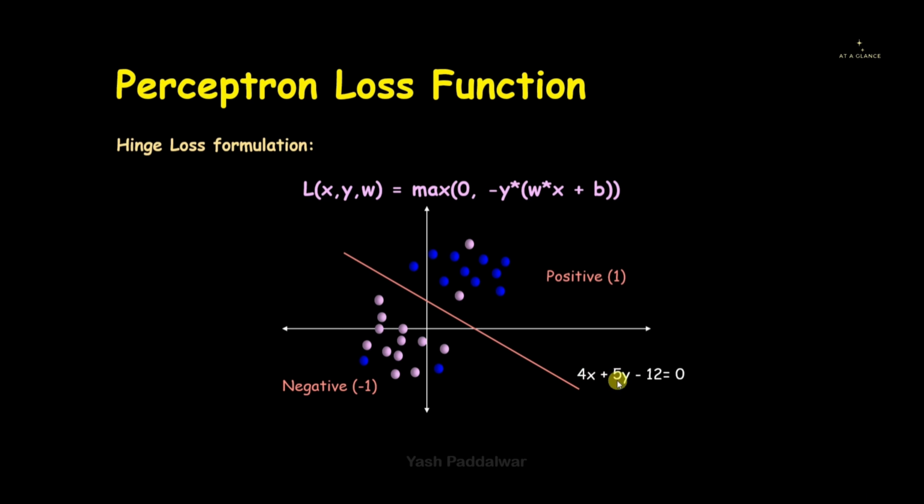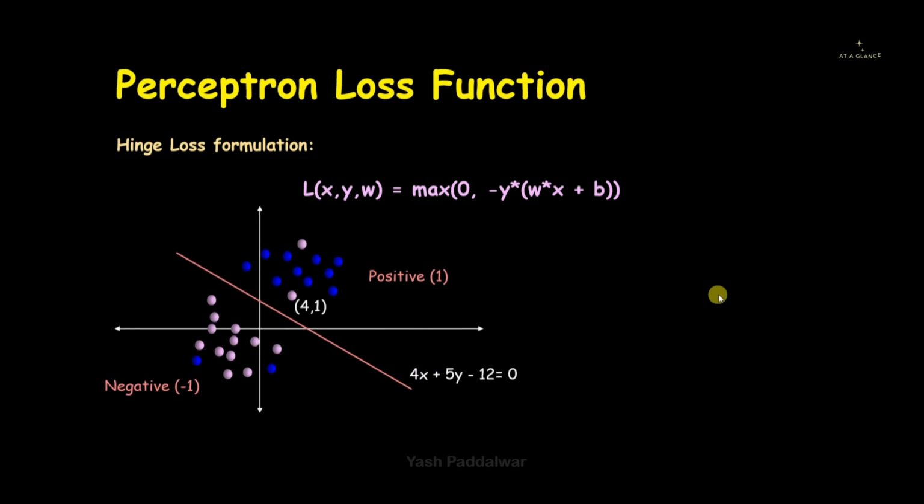Let's say the equation of this particular line, which is nothing but the classifier, is 4x plus 5y minus 12 equals 0. 4 and 5 are the weights associated with the feature inputs x and y respectively, and minus 12 is the bias weight for this particular classifier. Now, if we carefully consider this particular data point which is misclassified, let's say the coordinates of this data point are (4, 1). Now we are going to find the loss of this data point with the help of the hinge loss formulation.